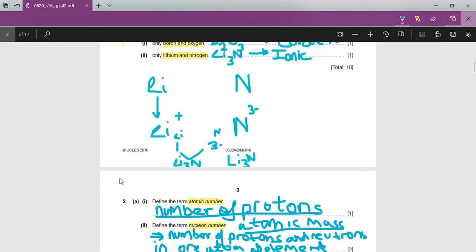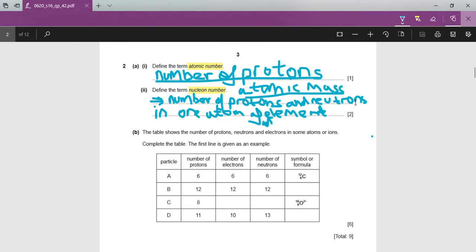But anyways, these types of questions are pretty much simple 3 marks. If you can get your definitions down, you'd be able to. And you don't even have to write a sentence. It's just a couple of words to give the gist of the answer to get the marks. So anyways, we'll be moving on to part B.